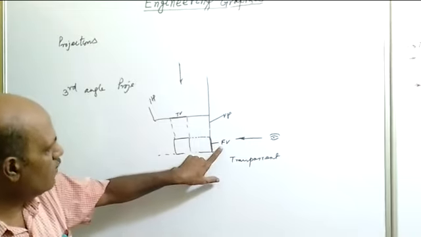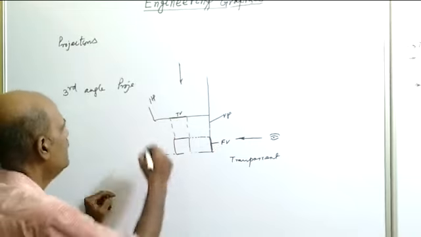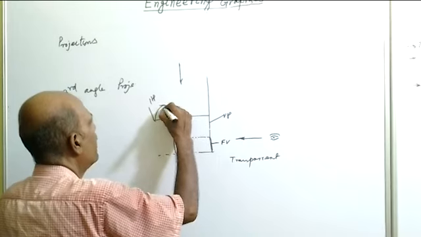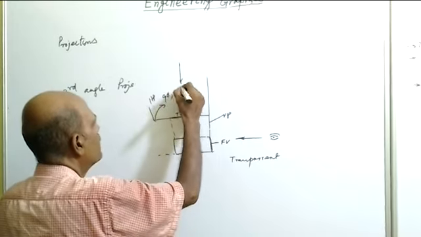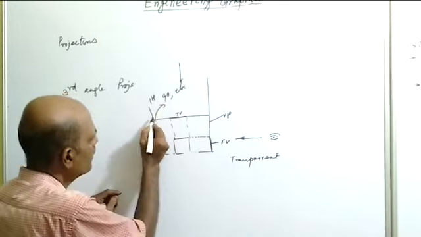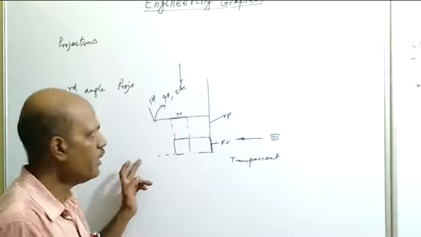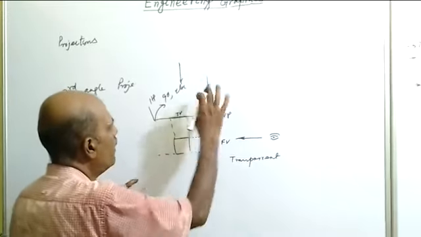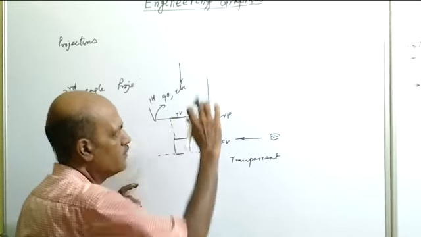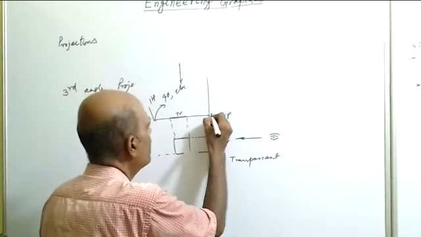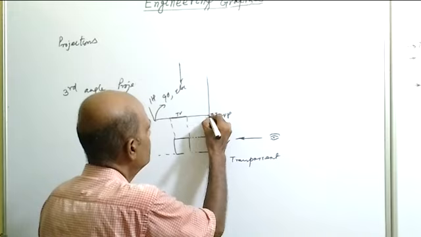After taking the projection, front view and top view, this horizontal plane is rotated 90 degrees in the clockwise sense. So when this horizontal plane is rotated by 90 degrees, this plane will assume this position. So that is your reference line XY.